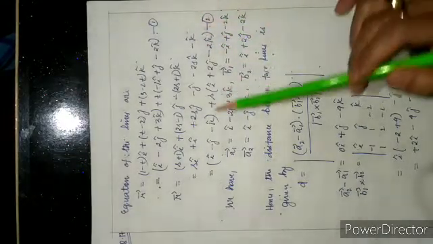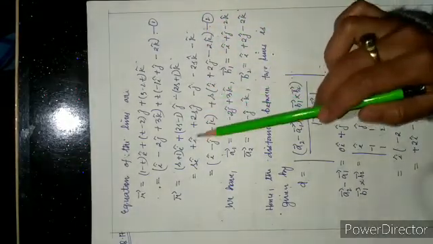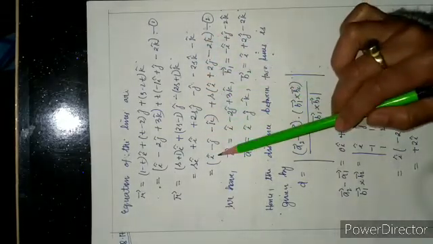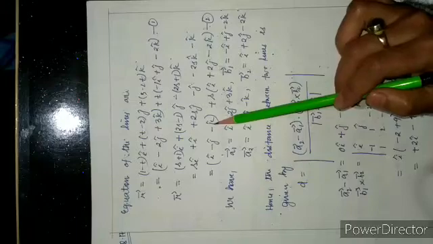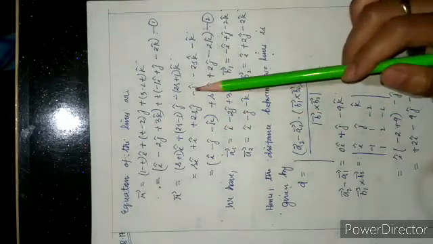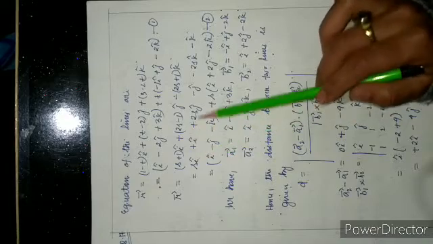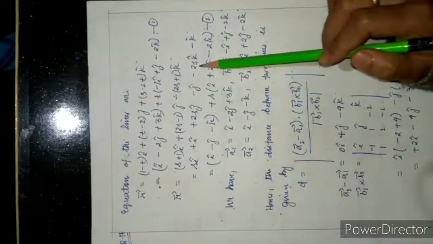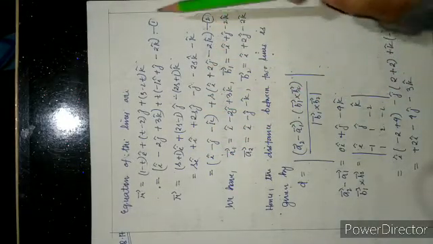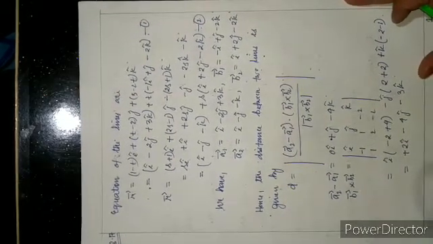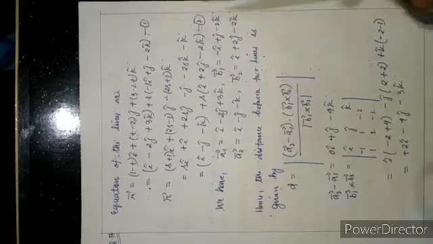Grouping the terms: i cap minus j cap minus k cap plus s times (i cap plus 2 j cap minus 2 k cap). This is equation 2, and the equation 1 is written likewise in general form.